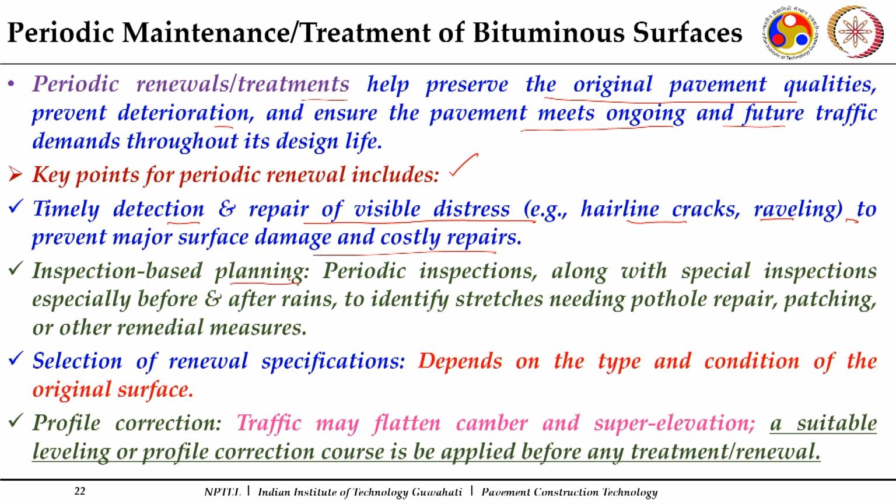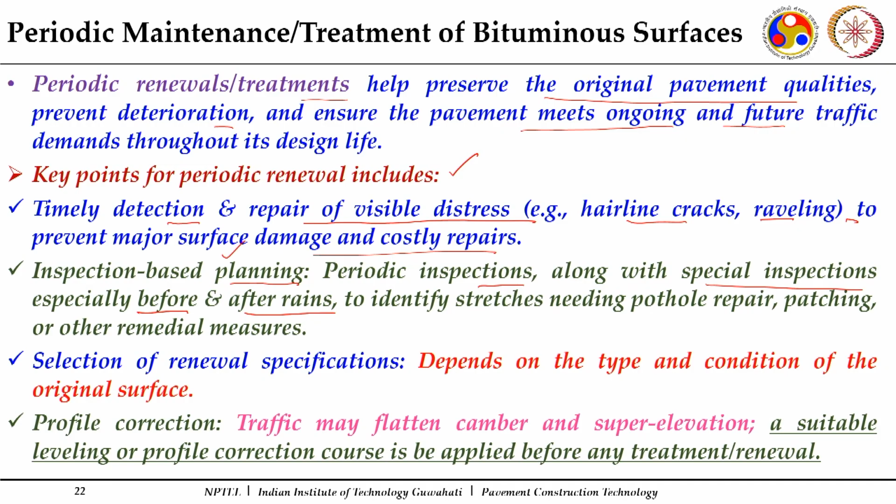Another is inspection based planning. As I said, there will be one that is time based, and the other one is inspection based. The inspection based planning is very important, and this inspection can be done preferably twice a year, one before monsoon and one after monsoon. So, periodic inspections along with special inspections, especially before and after rains, are important, because before the monsoon you can see if certain cracks are there.